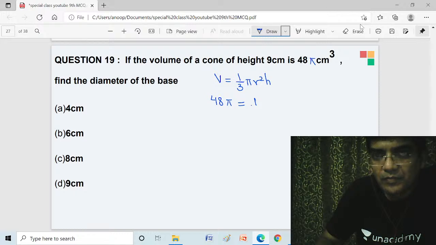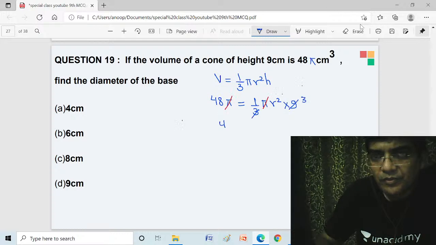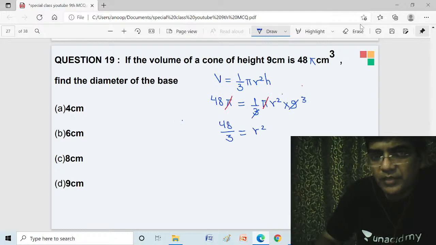After that I can reduce here, 3 3s are 9. I cross multiply it. This is 48 upon 3 is equal to r square. So 3 will go how many times? 16 times. So you can say r square is equal to 16. So radius is equal to 4.